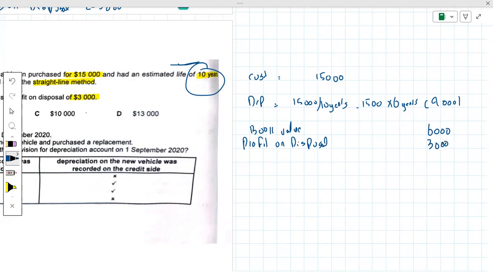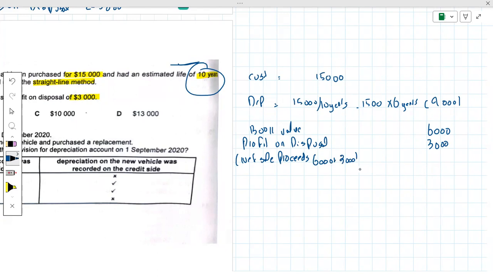So it means that its net sale proceed was equal to 6,000, which is the net book value, and the profit, which is $3,000.